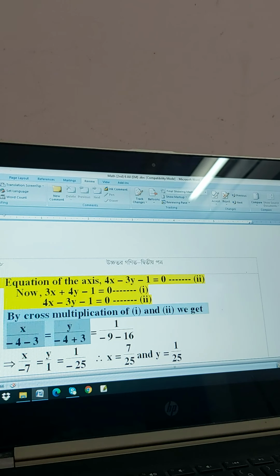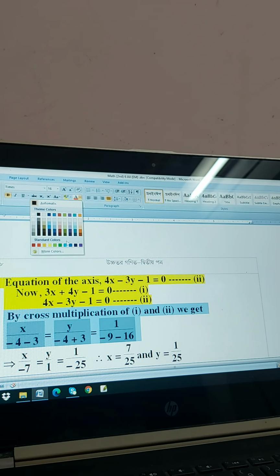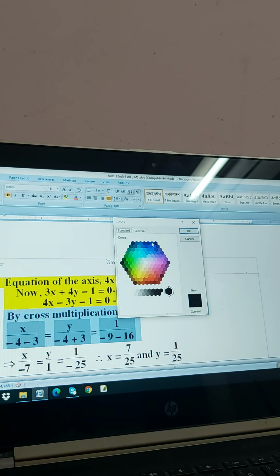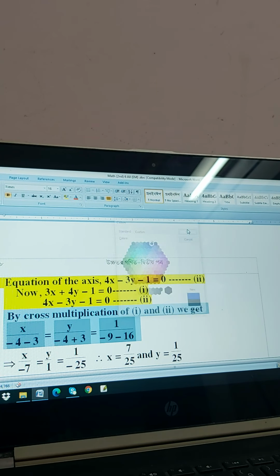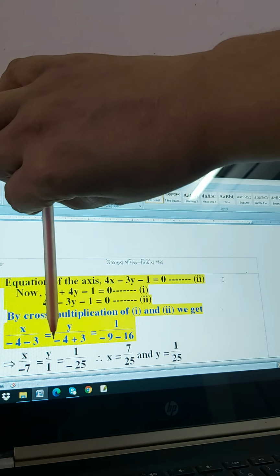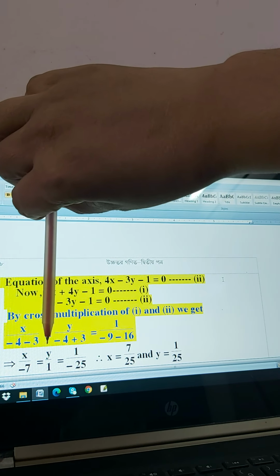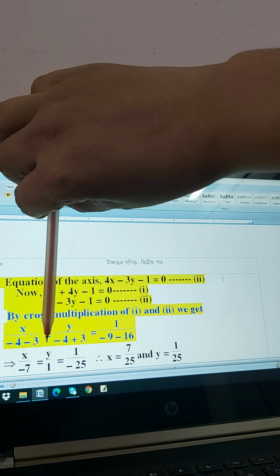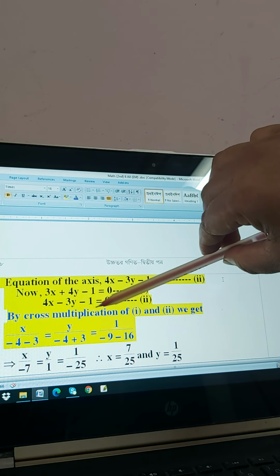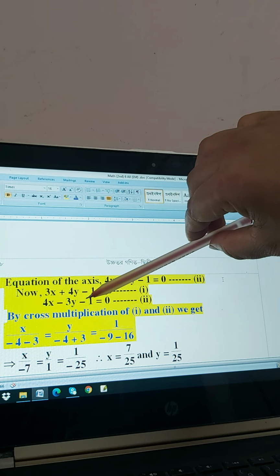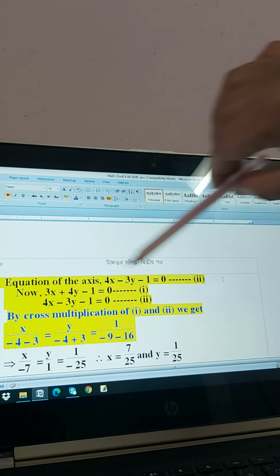For x, 4 into minus 1, that is minus 4, and minus 3 into minus 1, that is plus 3.